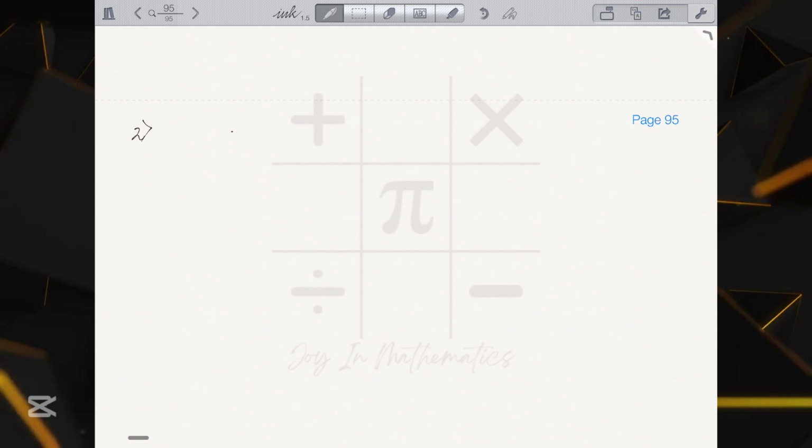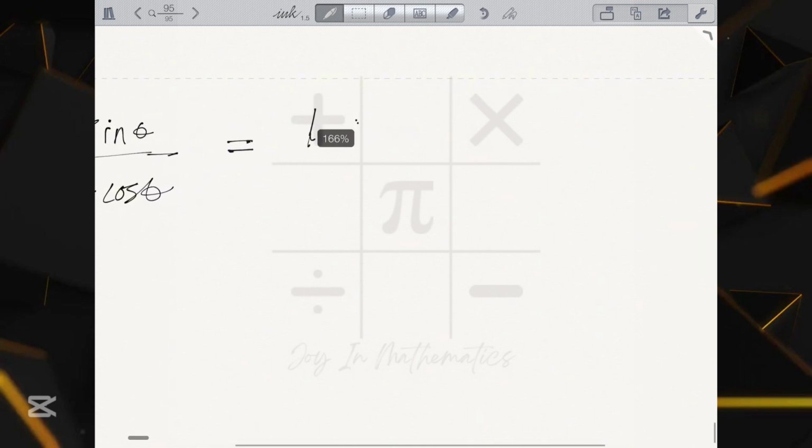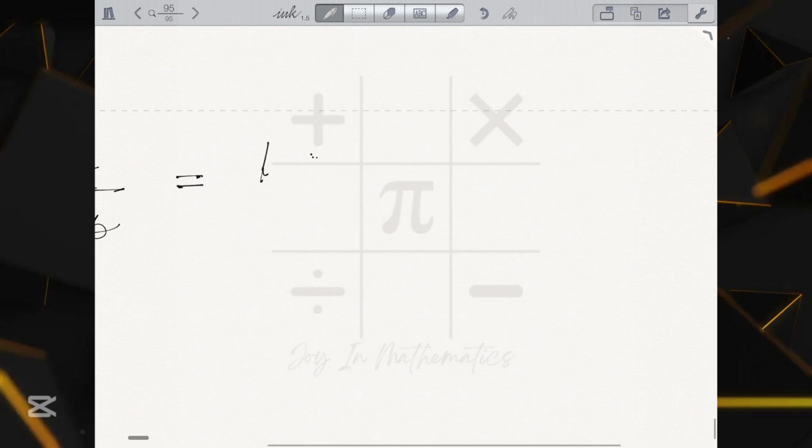Now we want to express that sine theta divided by 1 plus cos theta is equal to 1 minus cos theta divided by sine theta.